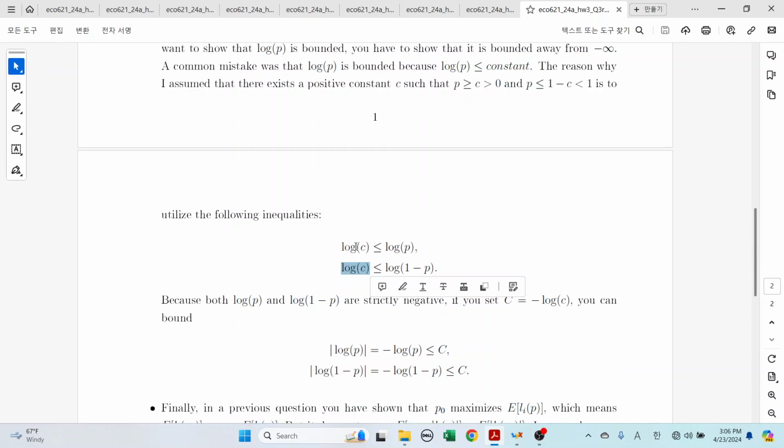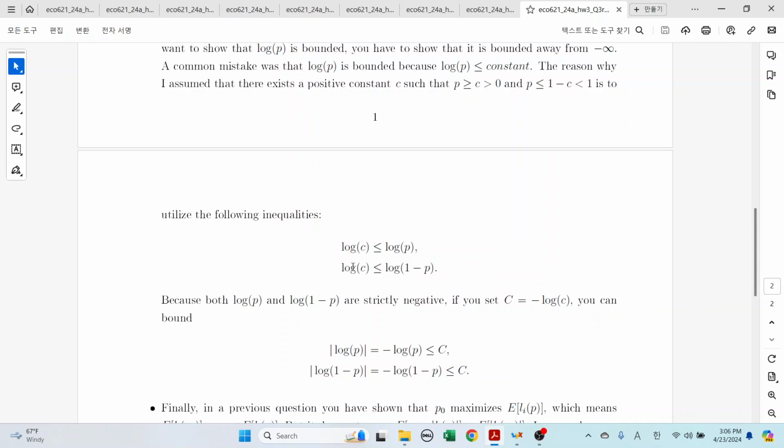You have to utilize these guys to bound something, right? So more formally, you may write it this way. Because we know these are strictly negative, I'm going to choose a constant c such that c equals minus log of lowercase c, right? Because we are going to bound from below.